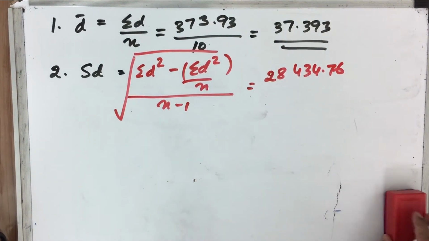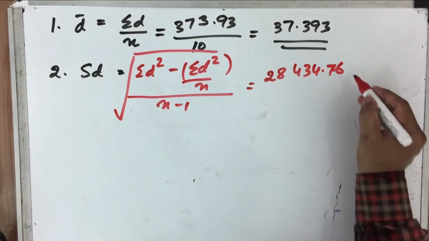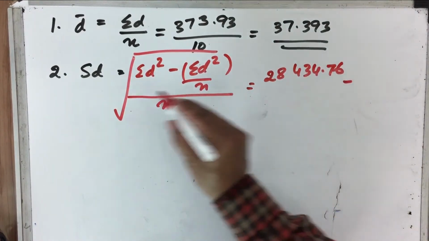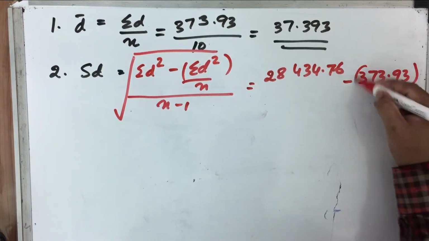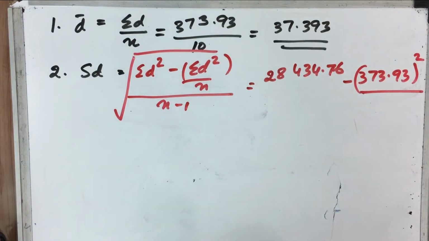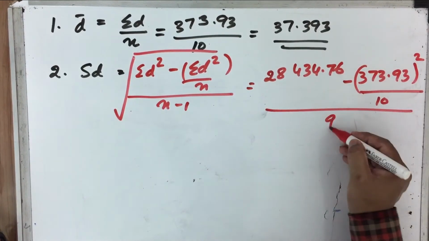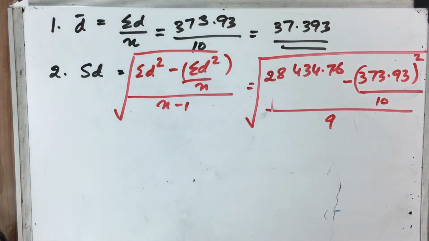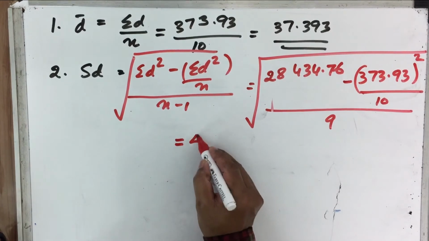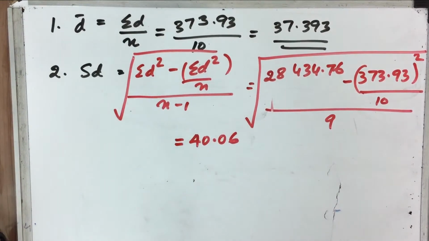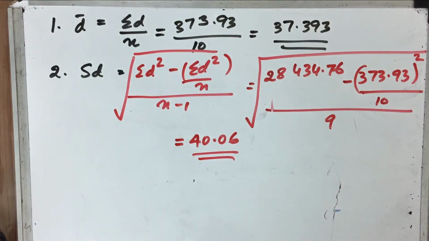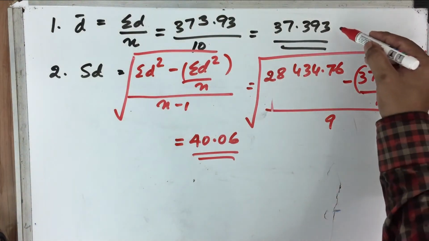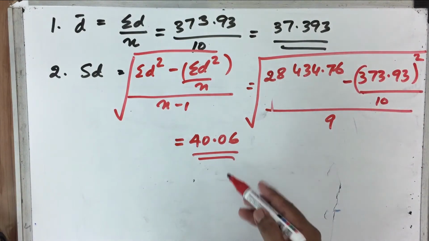So that value minus summation of all the d, 373.93, square of this divided by 10, divided by 9, the root of that. So that will be our standard deviation. Now this value is going to be 40.06. Okay, it's calculated, you will get 40.06. So we have got the standard deviation.